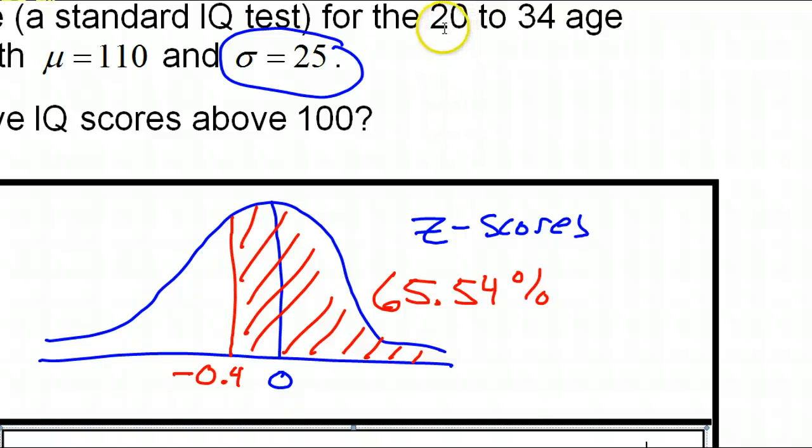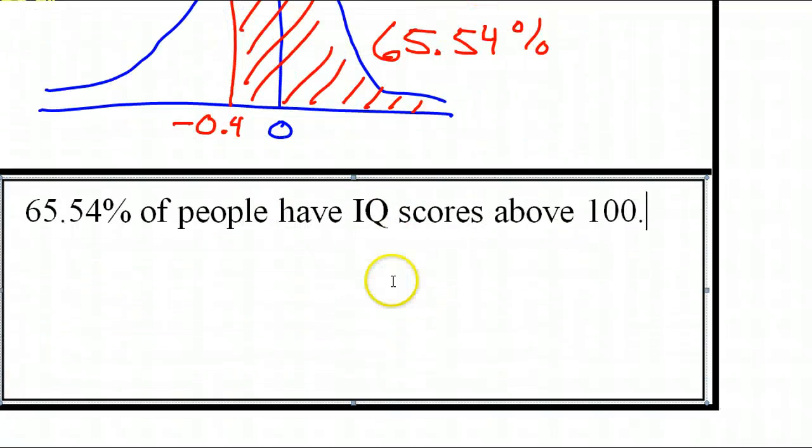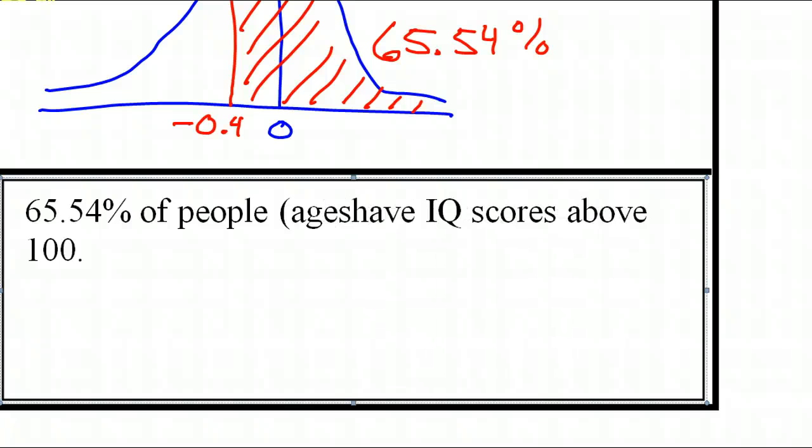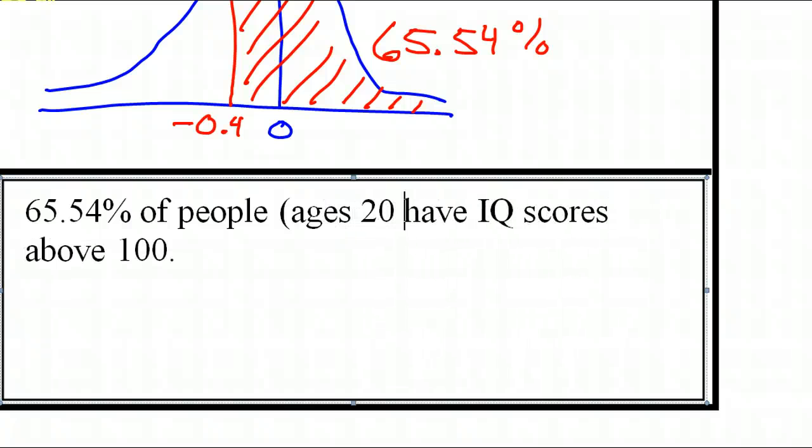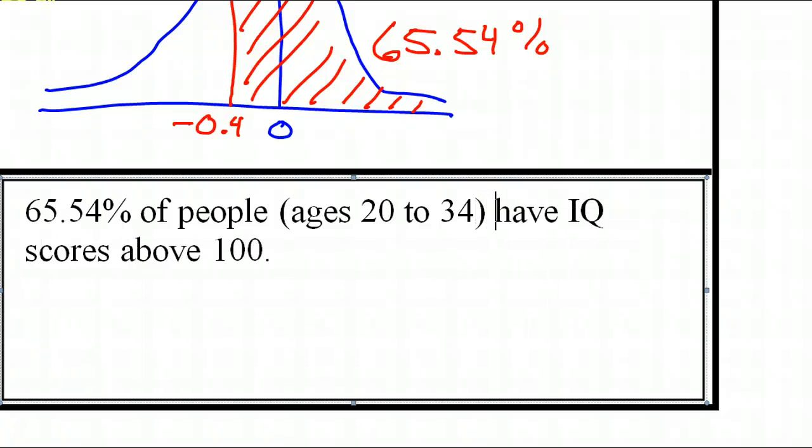This is just for people aged 20 to 34. So 65.54% of people ages 20 to 34 have IQ scores above 100. Okay, that is it for that.